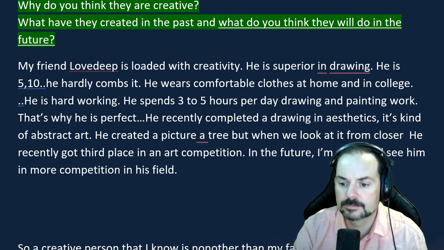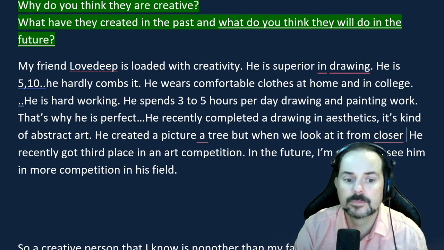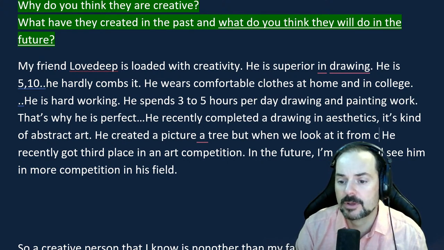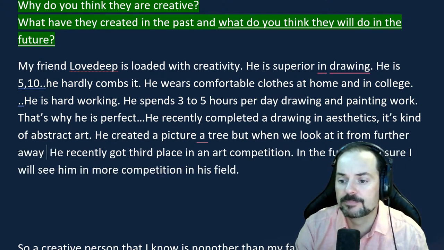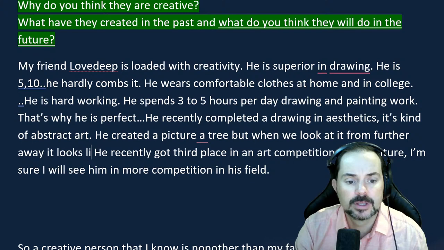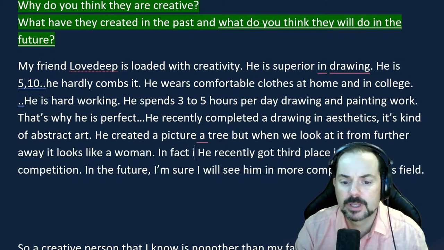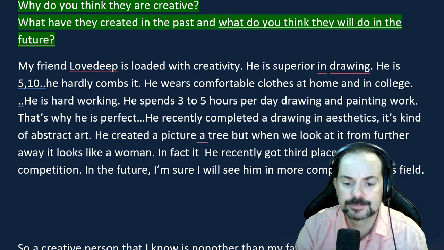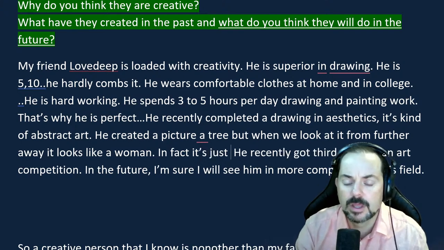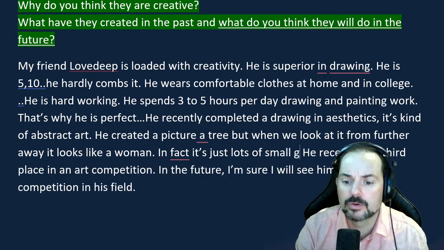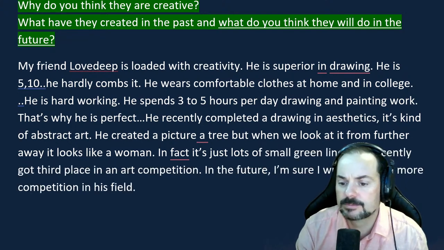But when we take a look from far, then it looks like a girl. Okay, so he created a tree, but when we look at it from further away, it looks like a woman. In fact, it's just an illusion, lots of small green lines.